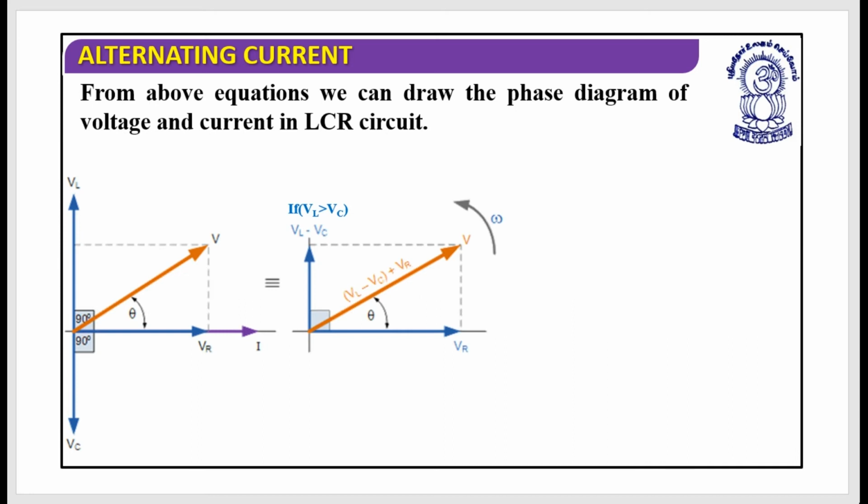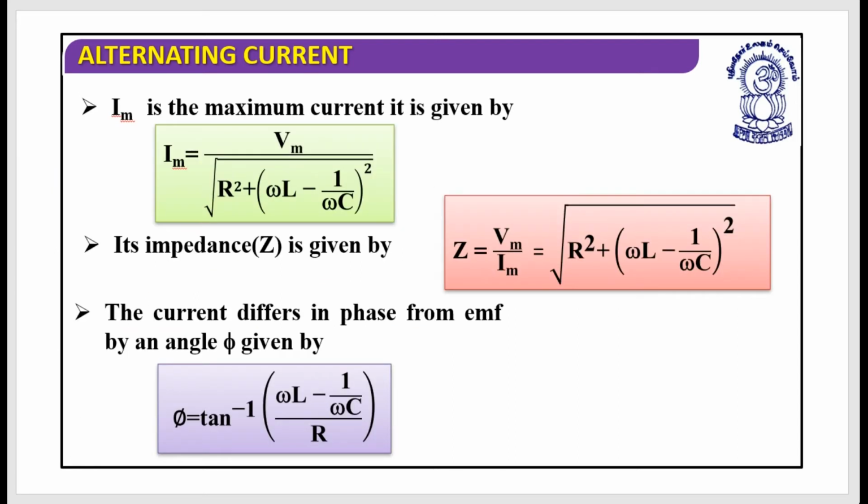So we have plotted the phase diagram as well, which we have derived before, that this is the VR, this is the I, this would be the VL, and this could be the voltage. So from this it could be written as VL minus VC plus VR, and this would be the phase difference. Now Im is the maximum current that we have shown here. It's Vm upon under root of R square plus omega L minus 1 by omega C whole square.